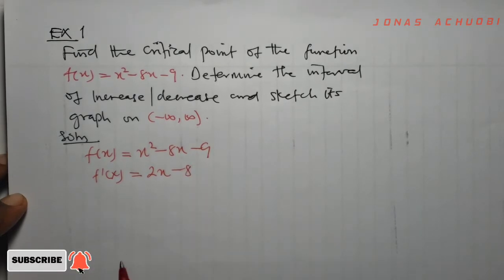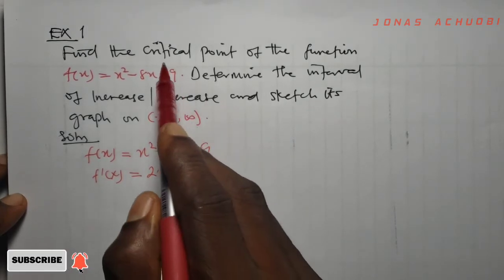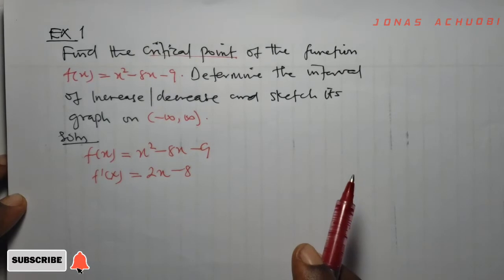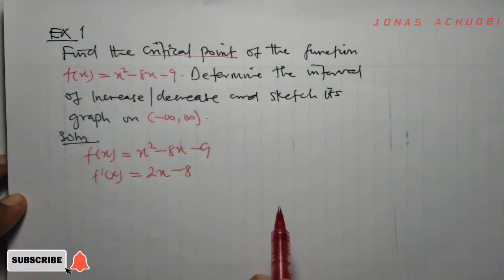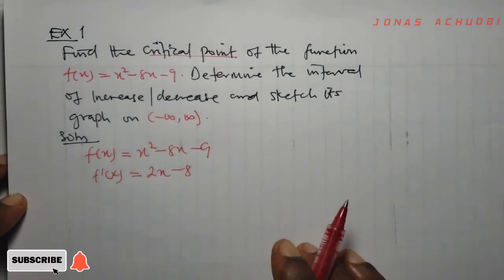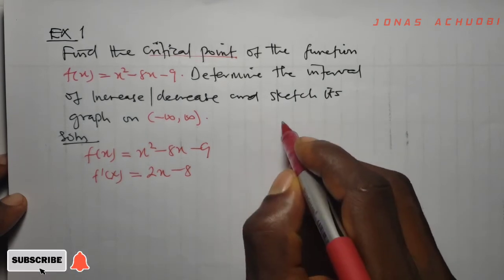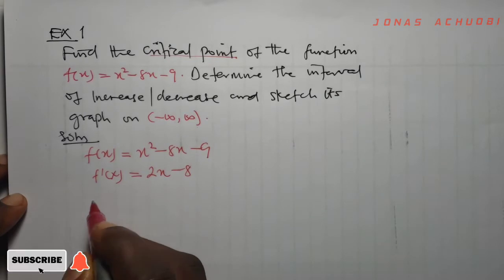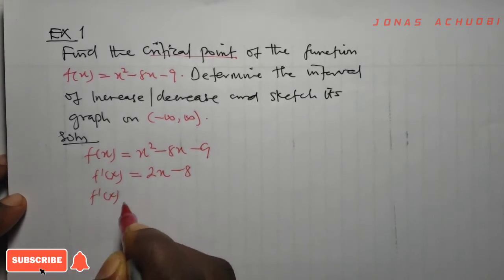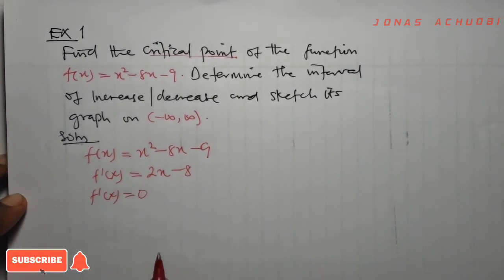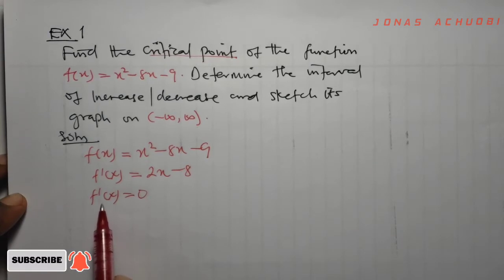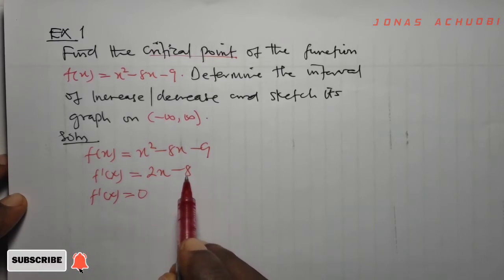The first part says we should find the critical point, and to find a critical point we must first find the critical values. And how do we get the critical values? If you recall from the last video, the critical values are gotten when f prime of x is equal to 0. That is to say, when the first derivative of the function is equal to 0. Now, f prime of x in this case is 2x minus 8.